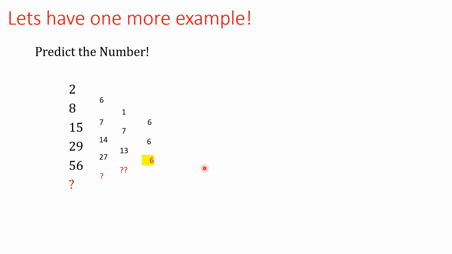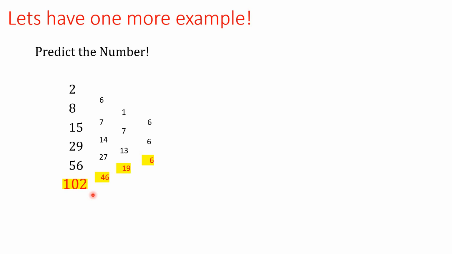This is the pattern there. If this is 6, this number has to be 13 plus 6, which is 19, so that 19 minus 13 will give us 6. Now this is 19, so this number has to be 27 plus 19, which is 46. Alright, and if it is 46, the missing number is 102.